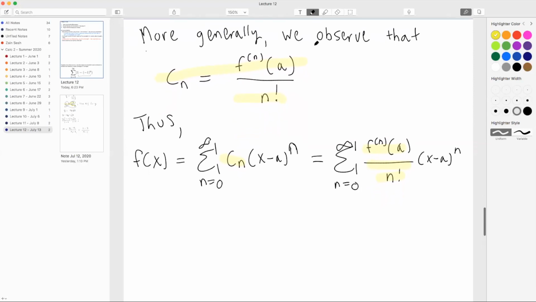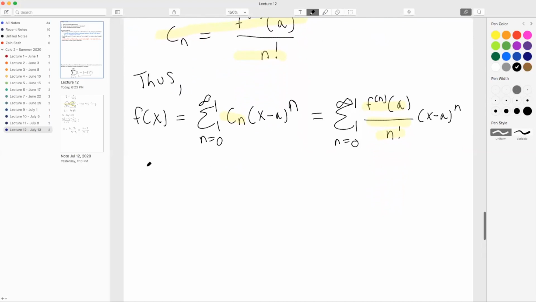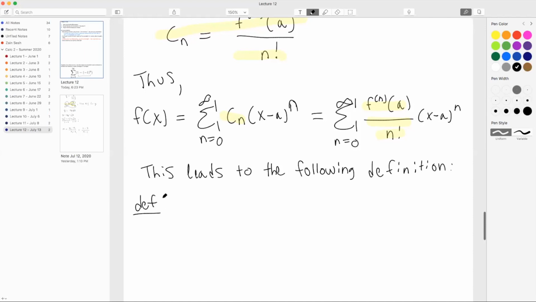Okay, so this leads to the following definition, okay? So definition, DEF for short. All right, here we go.